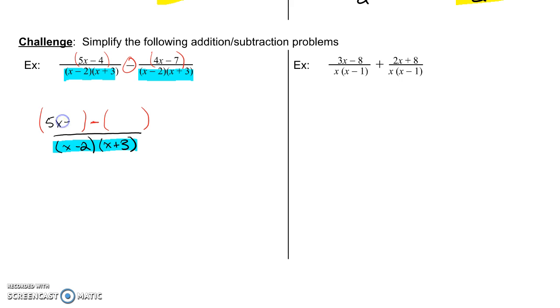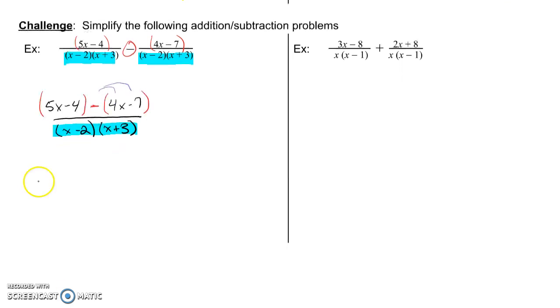Bringing down the 5x minus 4, bringing down the 4x minus 7. Just like before, it's subtraction, I need to distribute. So 5x minus 4 doesn't change. I get minus 4x, and I get plus 7 as my numerator.